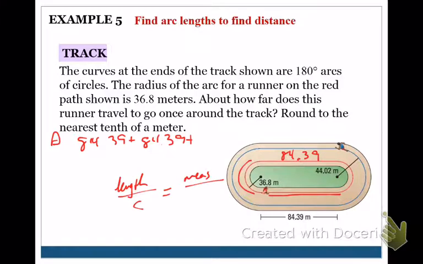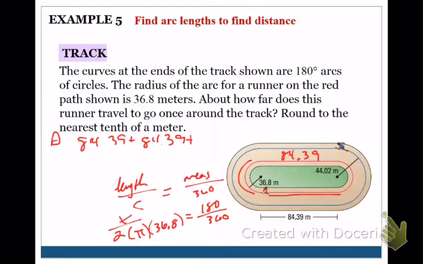Length to circumference equals measure to 360. The length we don't know. The circumference is going to be 2 times pi times 36.8, is equal to the measure, 180 degrees. It's a half circle, over 360. Well, now we've got to just do some arithmetic. Cross multiply, solve.